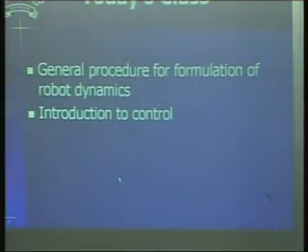Now in today's class, what we are going to see is the general procedure. We have seen a procedure in one of the examples yesterday. So we will generalize this procedure to get the dynamics of a robot manipulator, and then we'll go on to an introduction of control, some fundamentals of control.